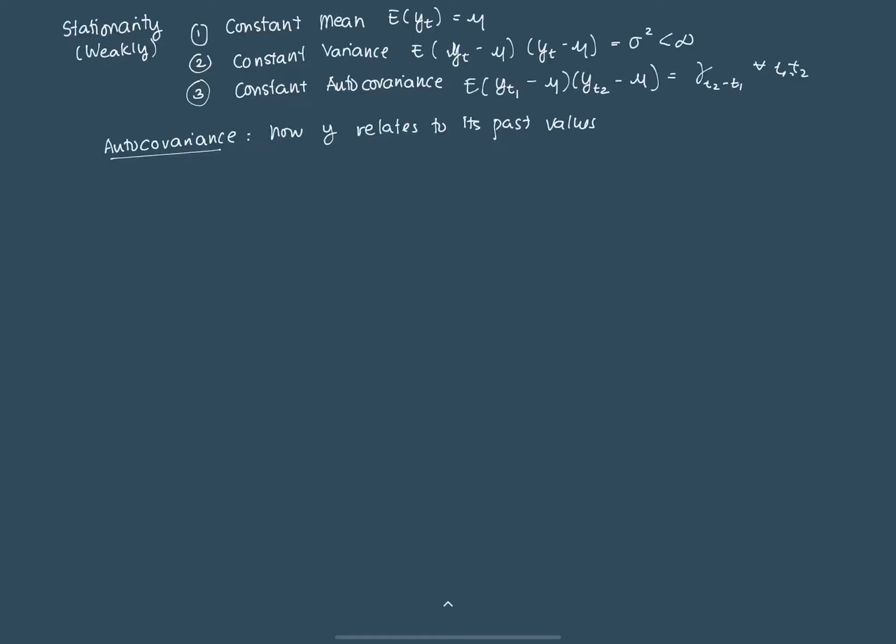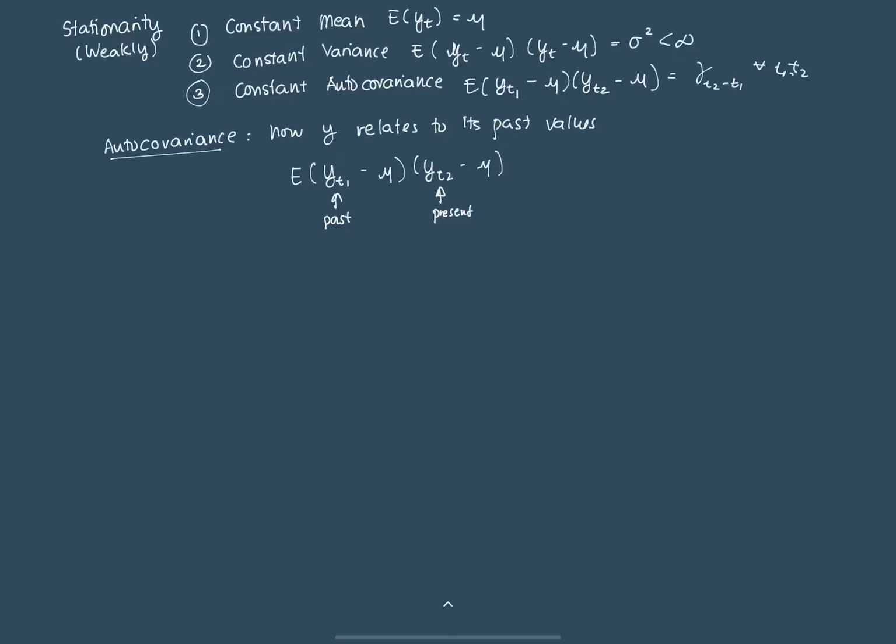So let's analyze this form here. Mathematically it looks something like this: yt1 minus mu, yt2 minus mu. This is one time period, this is another time period. Say t2 is the present, and this is the past. Essentially, we're getting a sort of covariance between the present and the past.